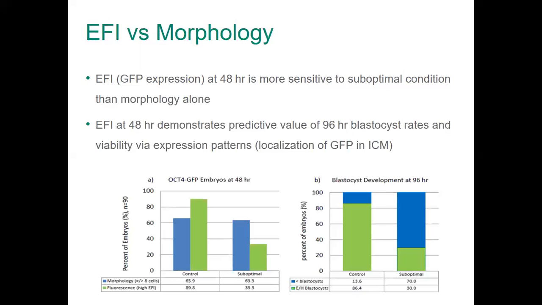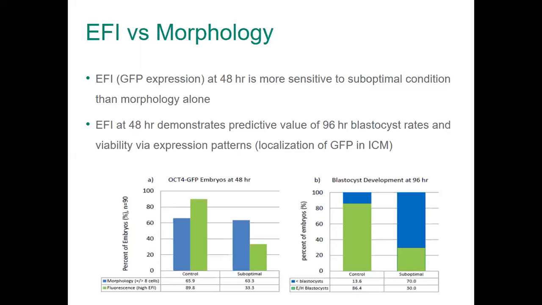For the control group, the ones that grew to expanded or hatching blastocysts account for 86.4%, which means a perfect culture environment. But for the suboptimal group, the ones that grew to expanded or hatching blastocysts only account for 30%.